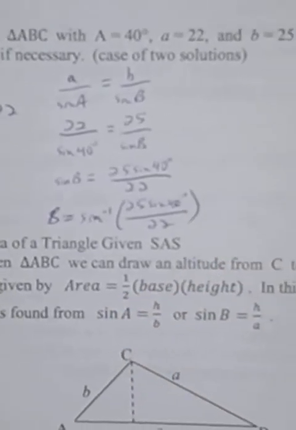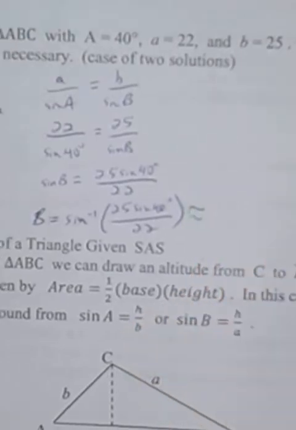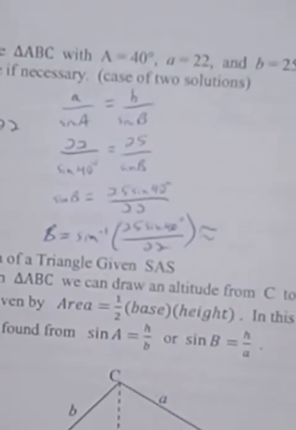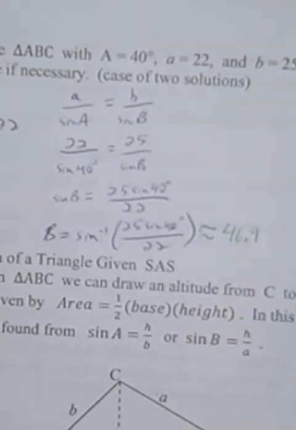And so that's an exact number, right? But notice it's kind of unrecognizable. Let's find an approximation in degrees. Okay, so if I type that into my calculator and sine inverse, it says 46.9233, etc. So approximately 46.9 degrees.